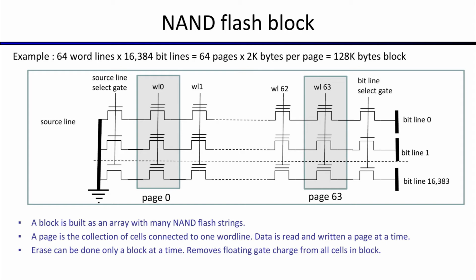A block is essentially built from an array of many flash strings, and they are all connected down through the word lines. Each one of these word line connections is a page. Data is read and written a page at a time, so the minimum write will be 2 kilobytes in this case.